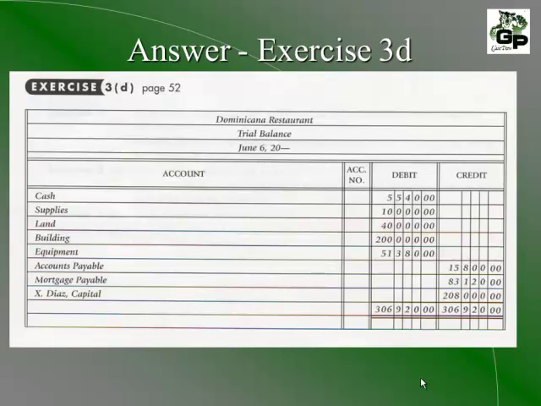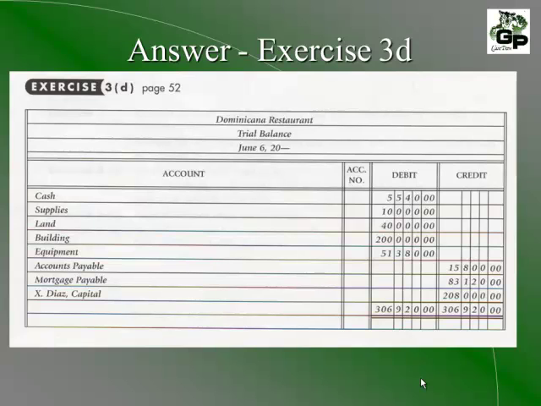Welcome back. Here we are now taking a look at the answer to the trial balance for Dominicana Restaurant. Here is the trial balance where we list all the accounts: cash, supplies, land, building, equipment, accounts payable, mortgage payable, and the capital account. Notice that the ones with the debit balances have their amounts listed under the debit column.